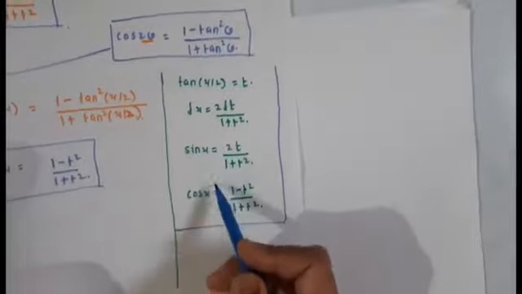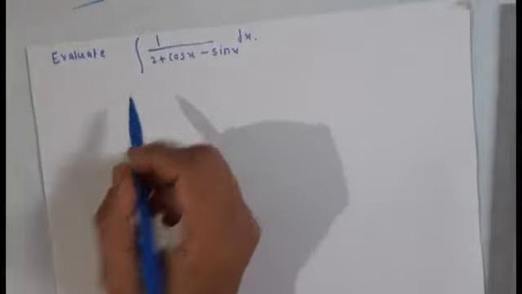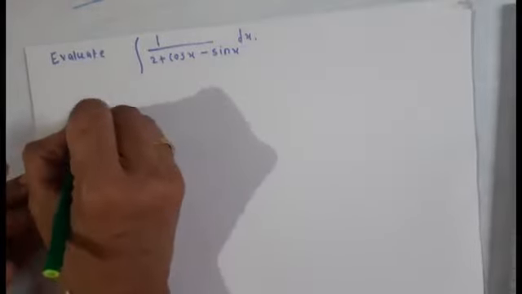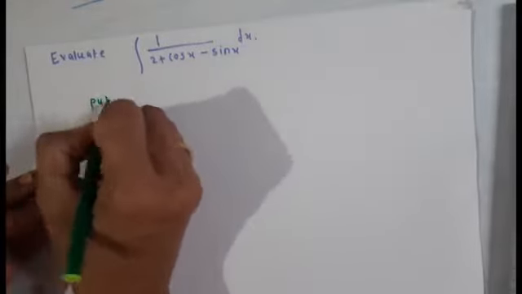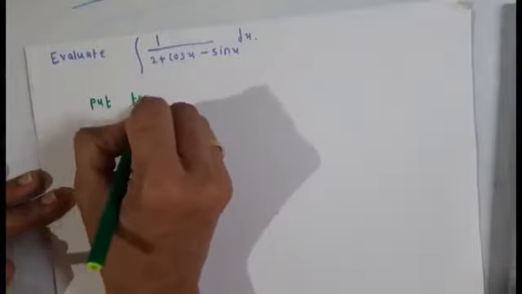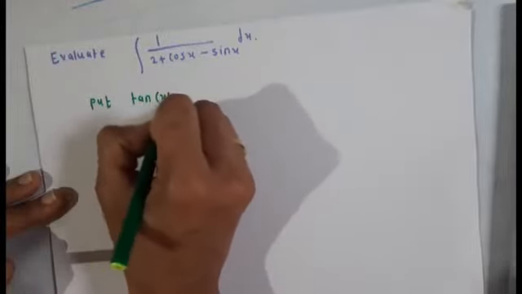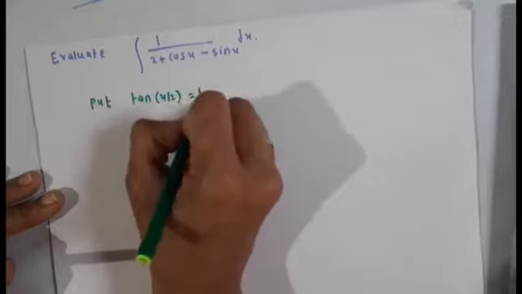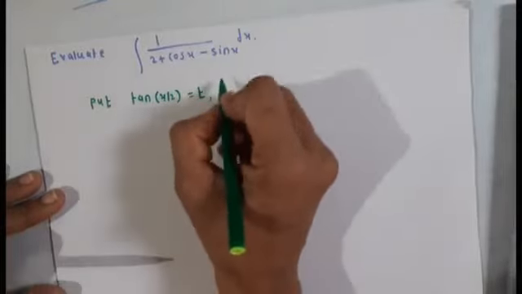Okay students, so for this problem, put tan of x by 2 equal to t.